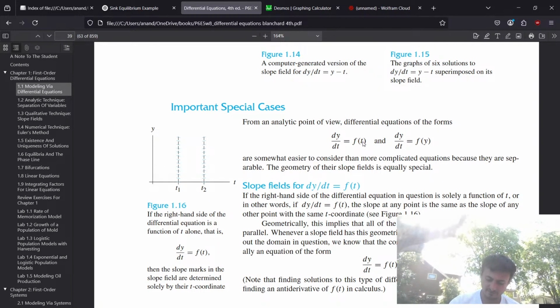That amounts to: we have this vertical line, and all of the slopes along that line will be equal.